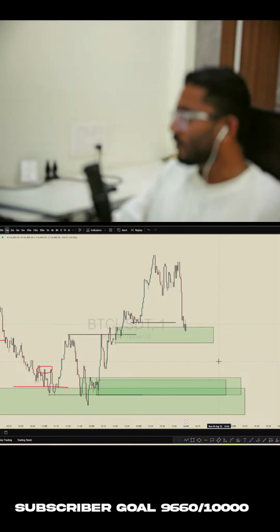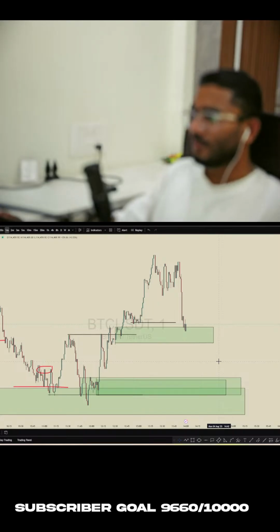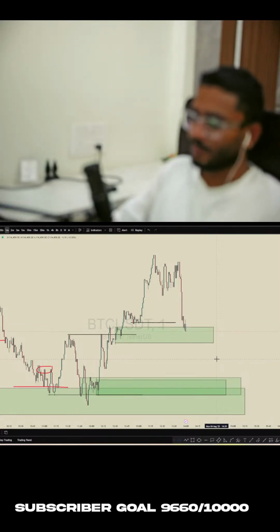Which app is good for back testing? TradingView is good, but there is replay or something. I don't remember the name.